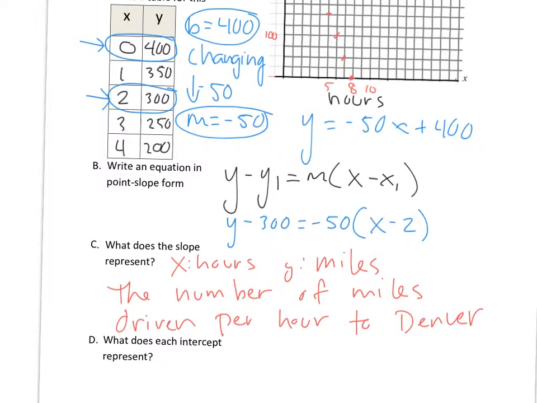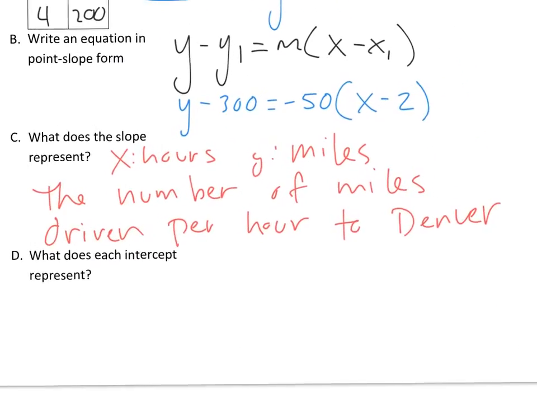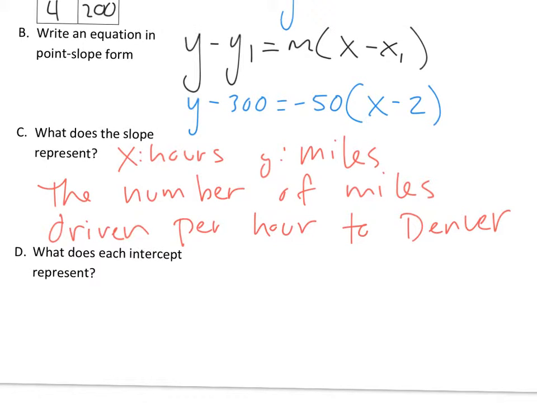Okay, what does each intercept represent? Super important. Now the y-intercept we wrote down way up at the top was (0, 400). Very important. You have to include both of the numbers in your answer.